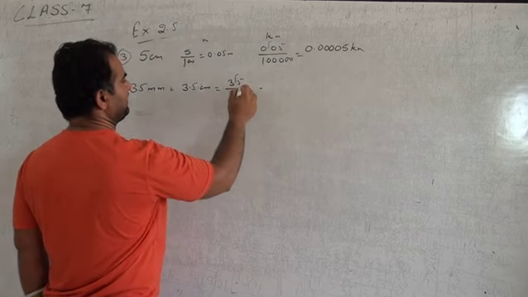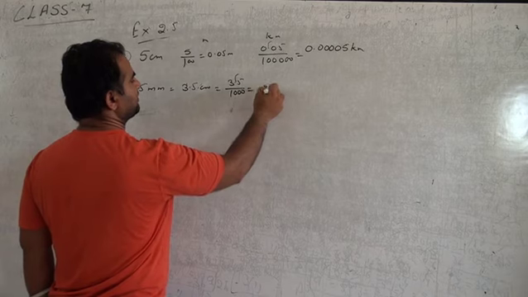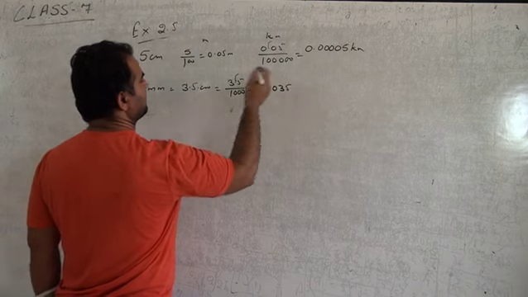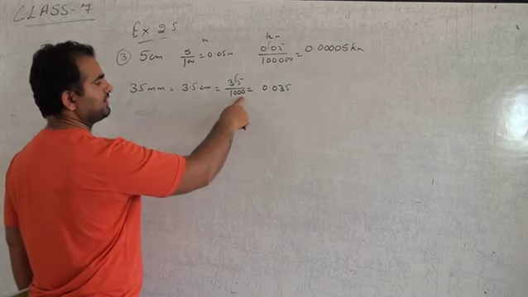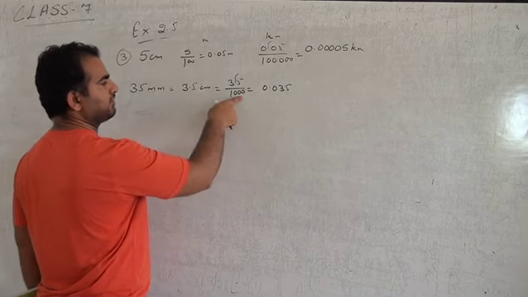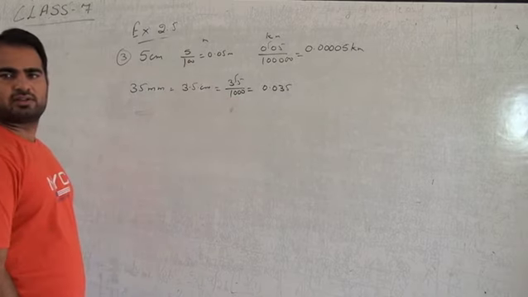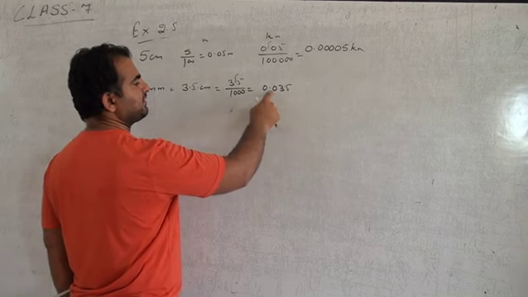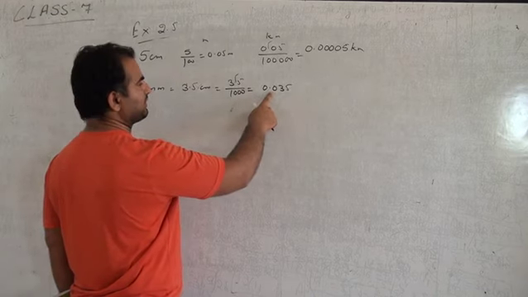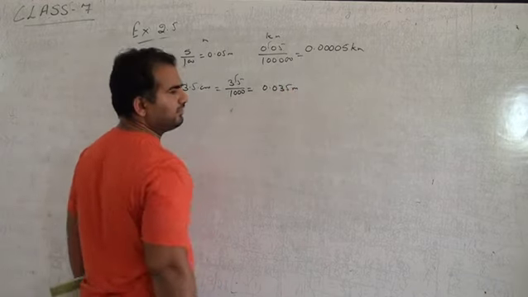Listen, it will be just like this, 0.035. We have removed the point and placed a 0 there. Then we divide by 10,000, so we place the decimal 3 places from the left. It will be 0.035 meter.